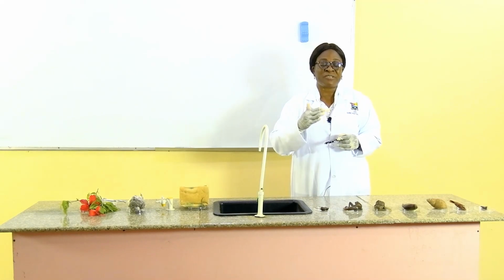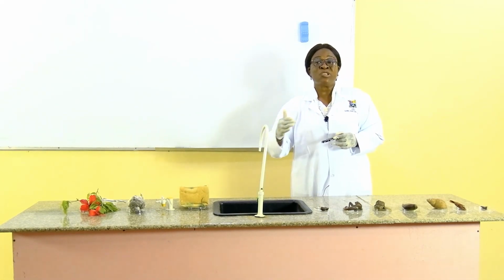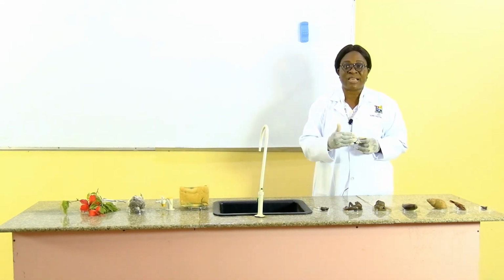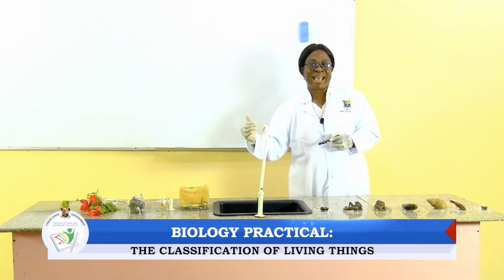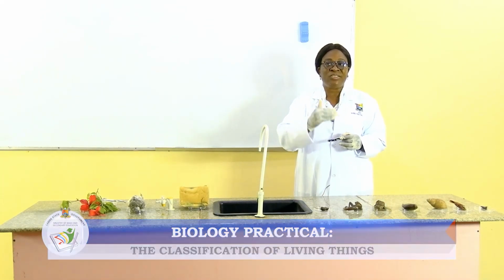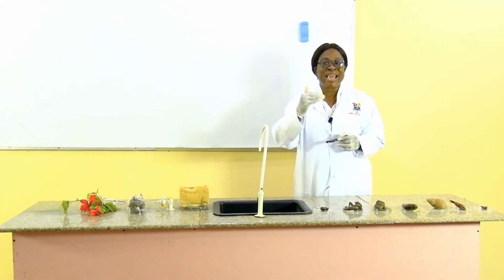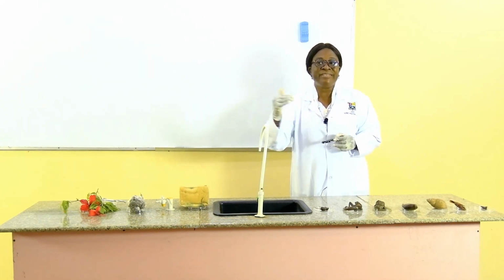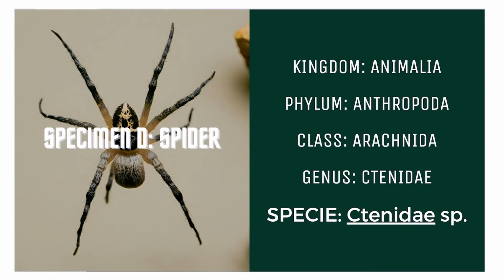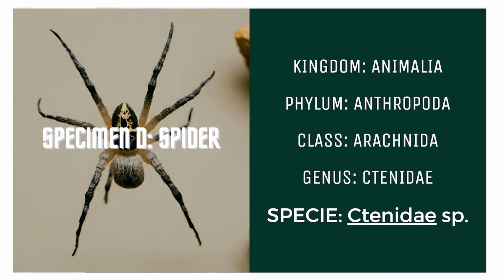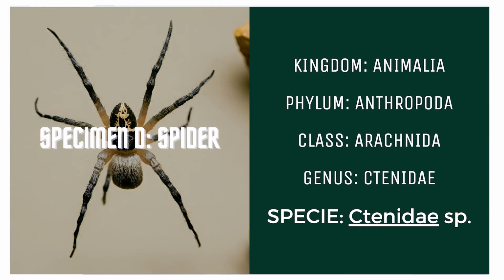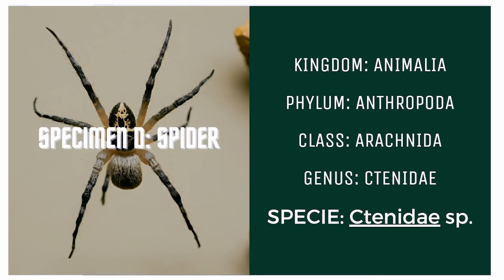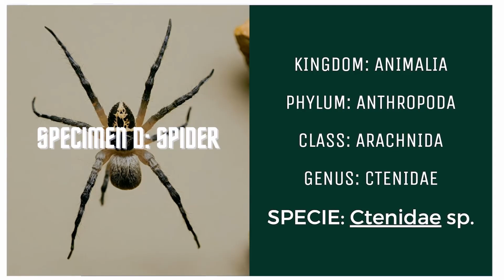I specifically mentioned it so that when you are writing, you will not put D-E-A. It is not D-E-A. It is D-A-E. Ctenidae. And the species, Ctenidae species.